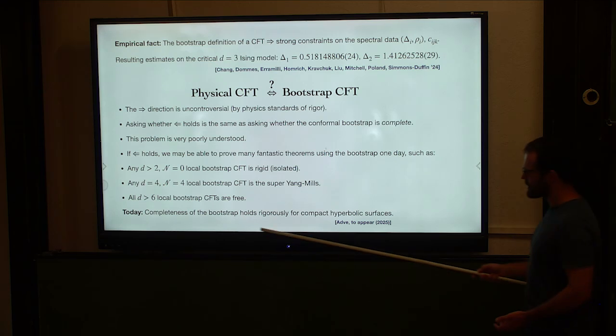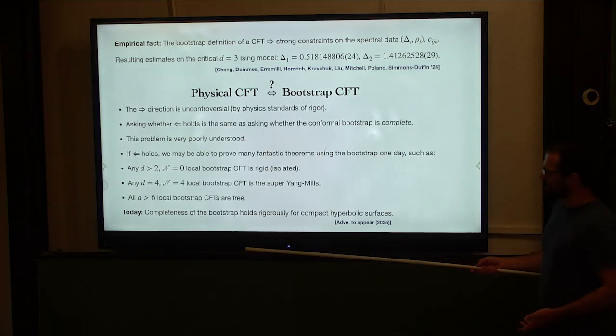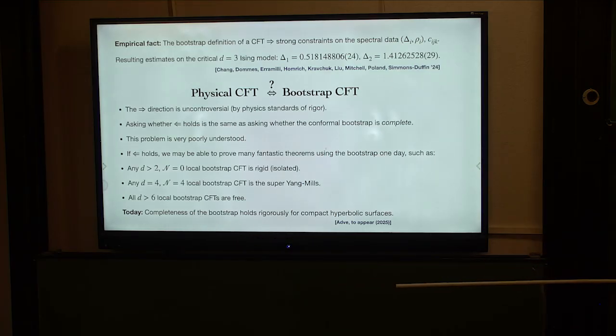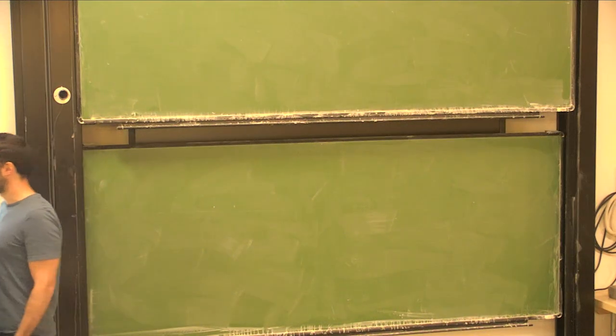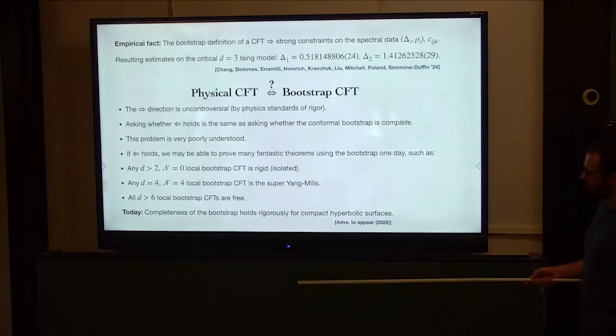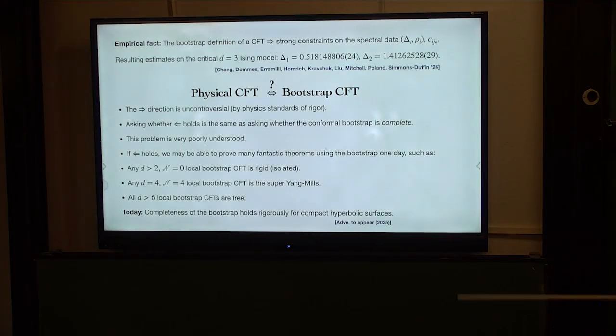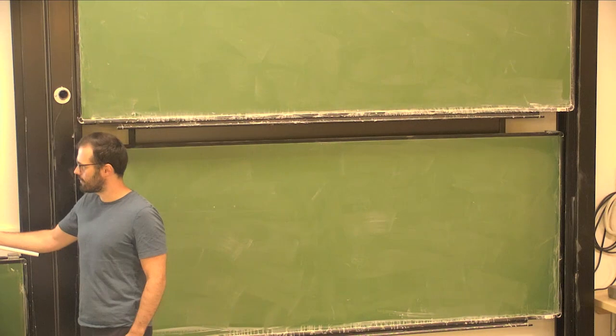Or in more than 6 dimensions, there are some heuristic arguments that the only unitary local CFTs are free, and again, this is an important challenge for the bootstrap definition to actually prove it. But okay, all of this is some very far future.